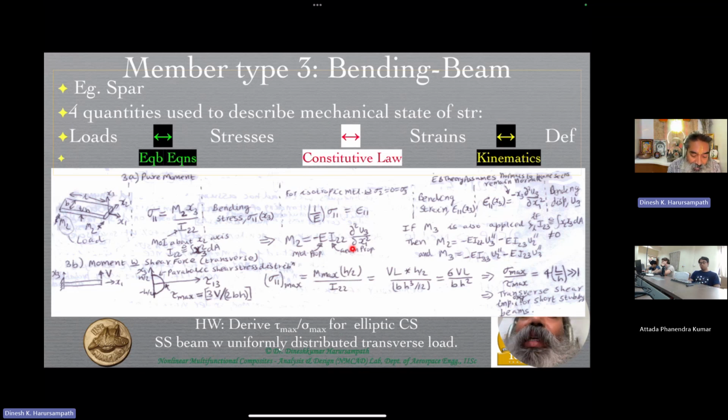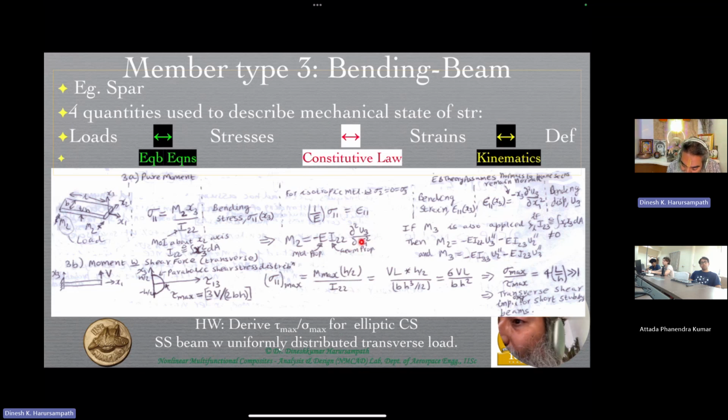In both the previous examples, we had a first order partial derivative. In the very first one, we talked about dou u1 by dou x1, that is u1 comma 1. In the second example of the shaft under torque, we talked about phi1 comma 1, which is dou phi1 by dou x1. So both were first derivatives with respect to x1.